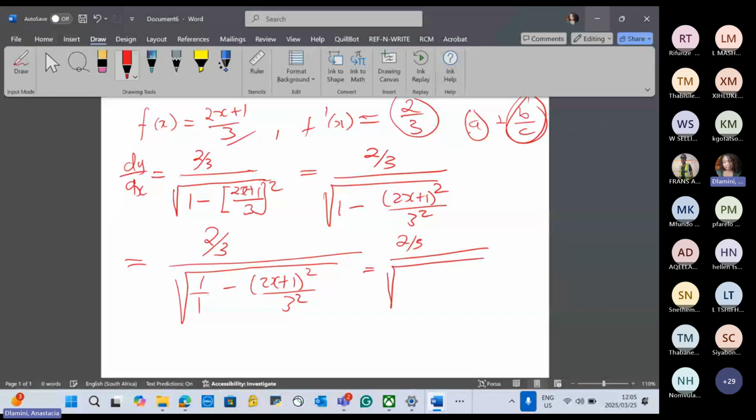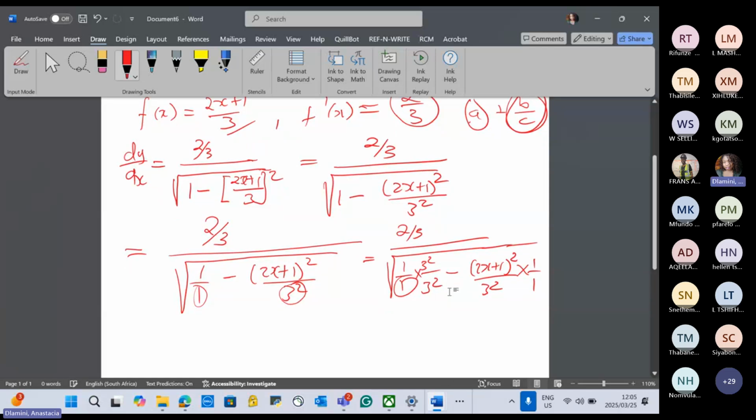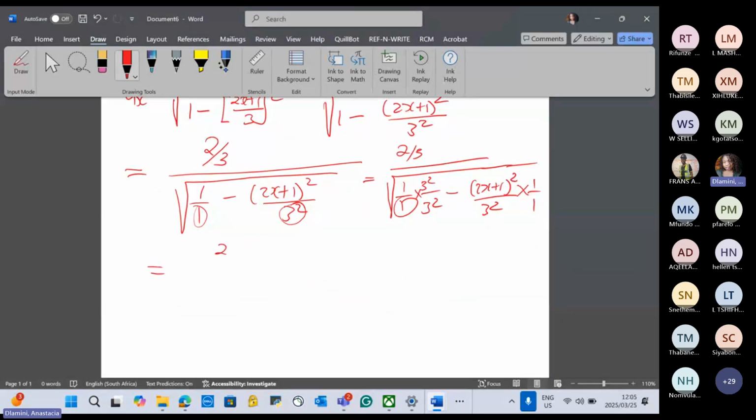Because the denominators are not the same, here it's 1, here it's 3, we take this 3 and say 1 times 3 squared over 3 squared minus (2x plus 1) squared over 3 squared, and take this 1 times 1 over 1. Just doing it step by step. So then this is 2 over 3 divided by 9 over 9 minus (2x plus 1) squared over 9. Are we all together? Yes or no, guys?